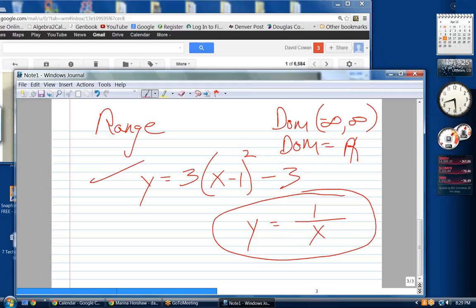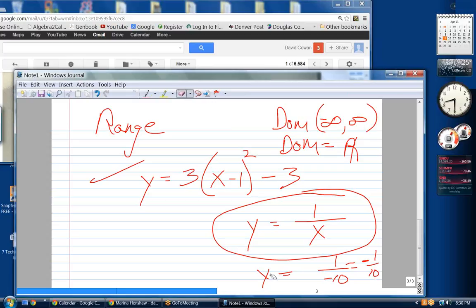Can y be negative? No. Yes. If x is negative, y is negative. In other words, if I say y equals 1 over a negative 10, if I make x minus 10, then y is equal to minus 1/10.